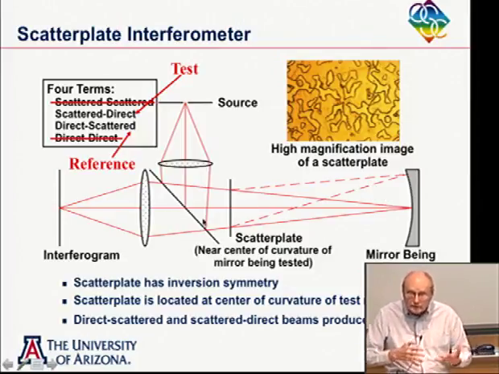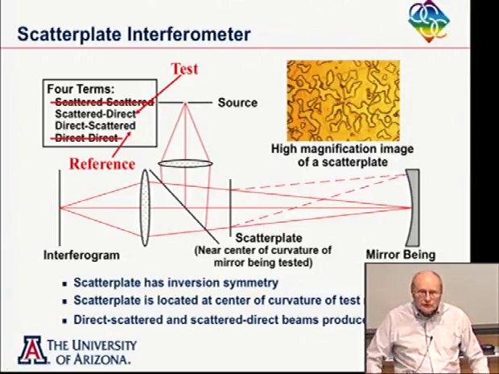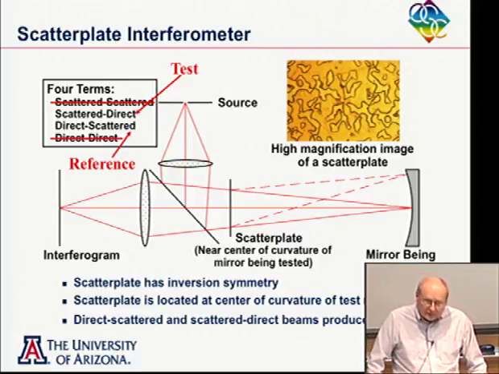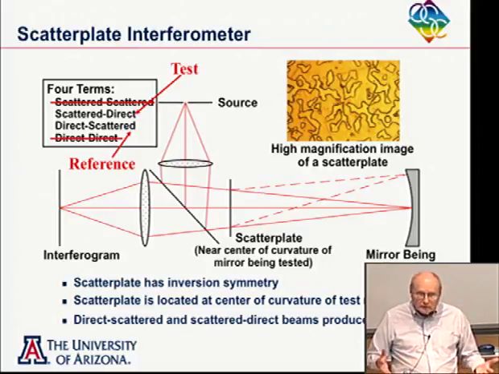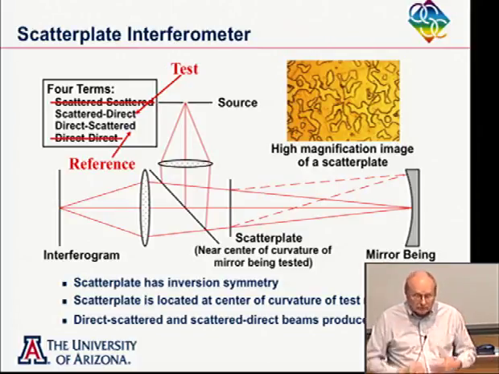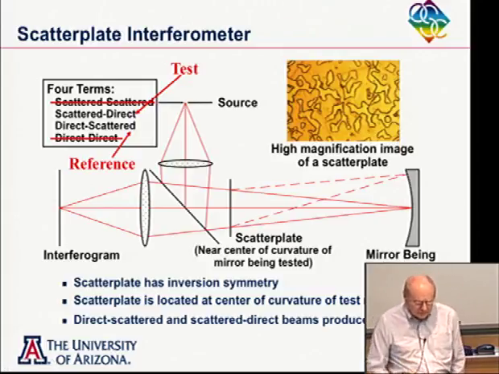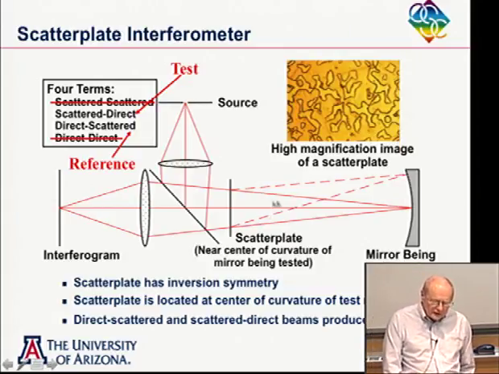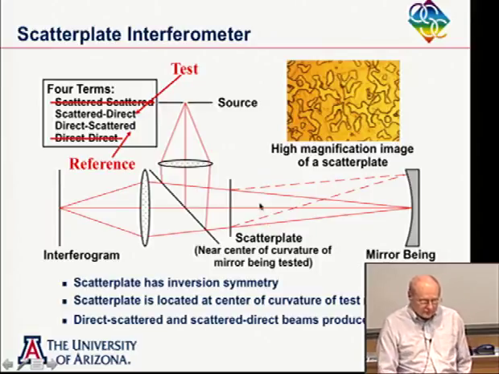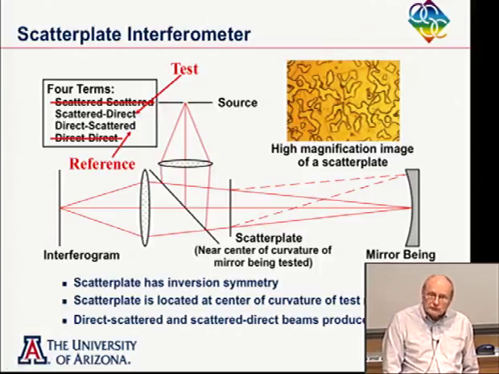If some way we get the same random phase variations in both of these beams due to the scattering, so if we get the same random phase variations in both the test and the reference beam, they will subtract out, and we're going to be left only with these small variations due to the light traveling slightly different distances because of the surface errors here. So how do we get the same random phase variations in both the test and the reference beam?